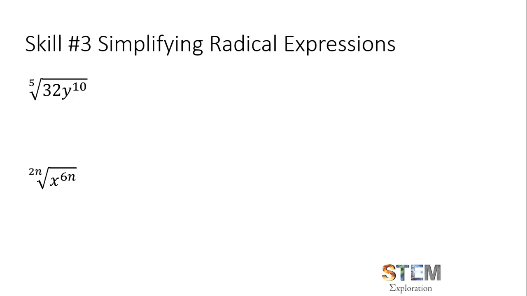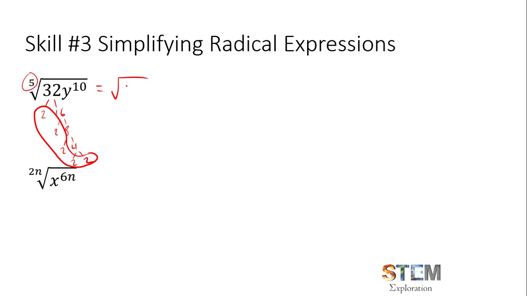Again, just looking at some other examples so that you can see how we apply this. Another situation would be if, let's say, we have a 5th root. Okay, so again, I'm going to prime factorize this. 2 to 16, 2 to 8, 2 to 4, 2 to 2. I have 5 2's, which works out really nicely.